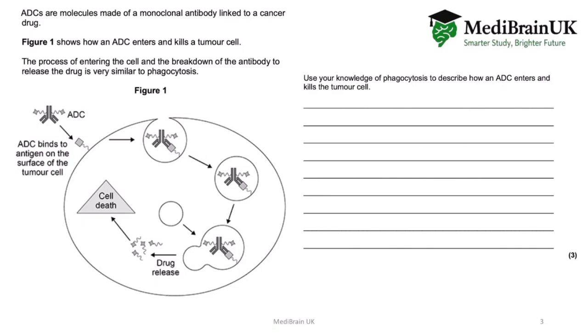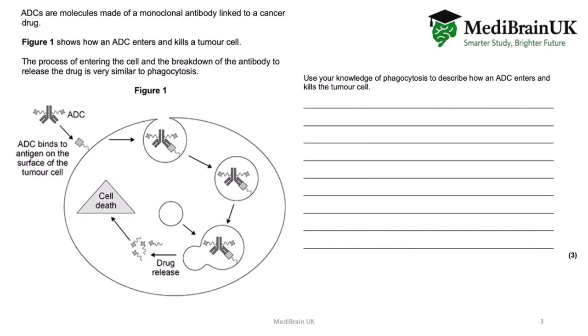So remember, a pathogen enters your body, and the pathogen releases certain chemicals and substances which attract phagocytes. Phagocytes are macrophages, which are a type of white blood cell within our body.